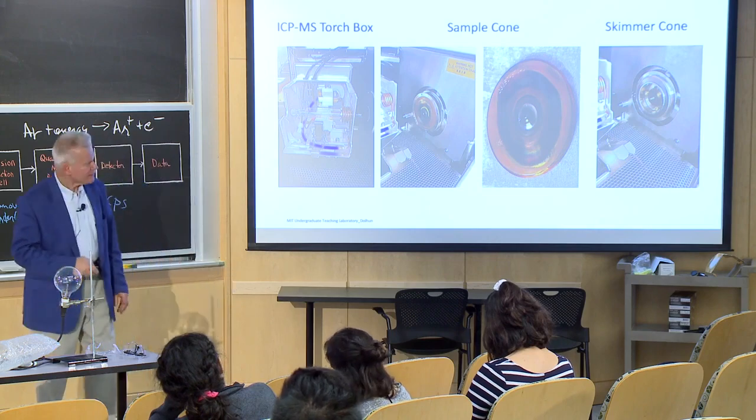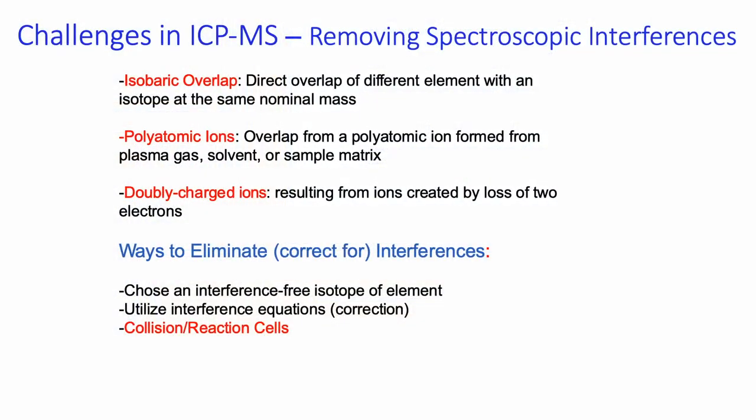So now, let's talk a moment about the challenges with this system. There are some challenges. Nothing is easy, right? In this world, everything can be challenging. So it turns out that there are a lot of isotopes of different elements that have the same mass. They overlap.